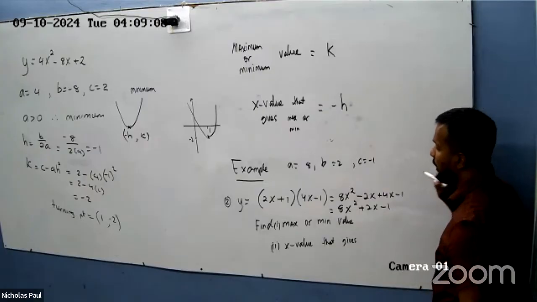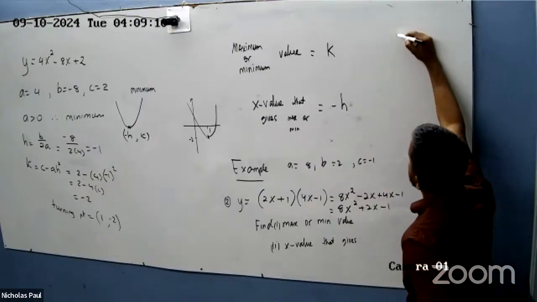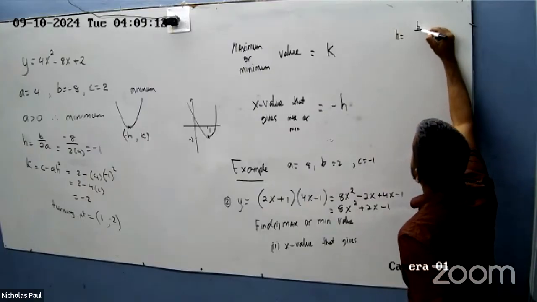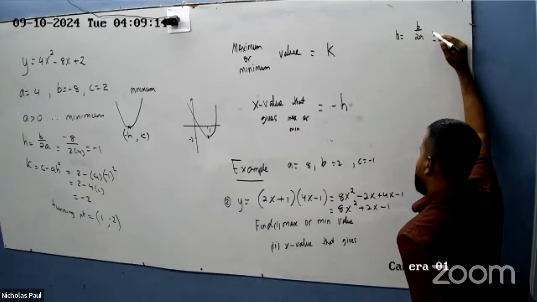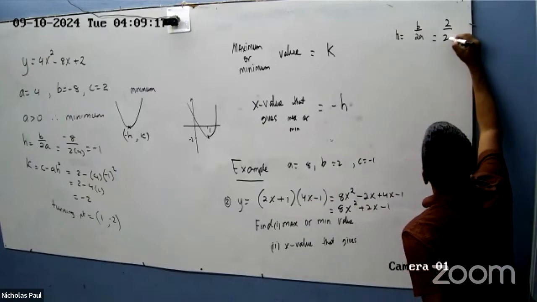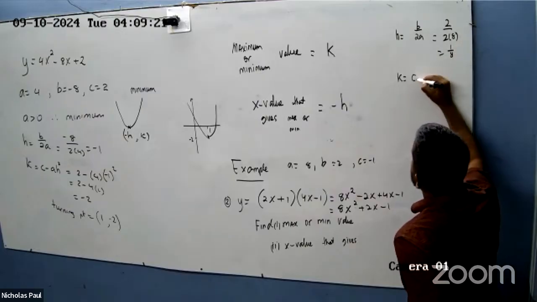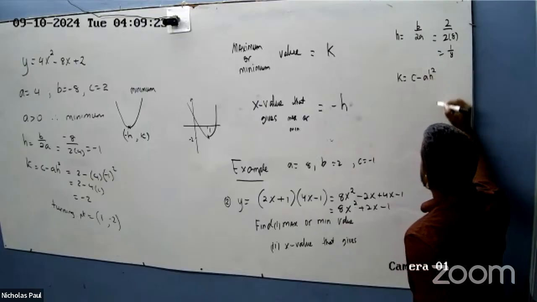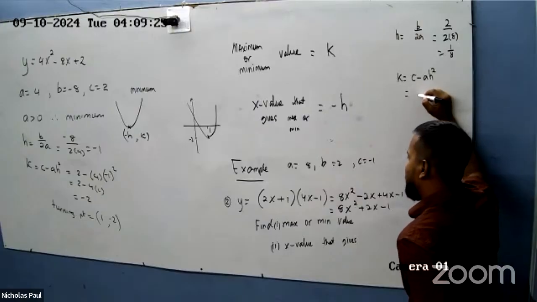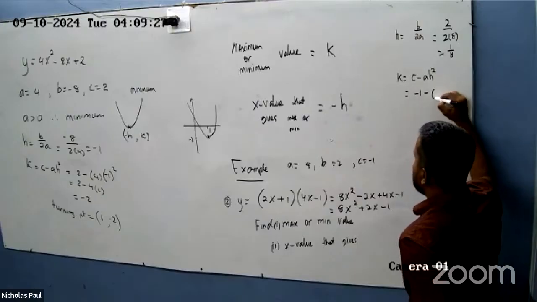Now we can go to finding H and K. So H is B on 2A. So B is 2 all over 2 times 8. So that's 1/8. And K is C minus A H squared. What was C again? Minus 1.